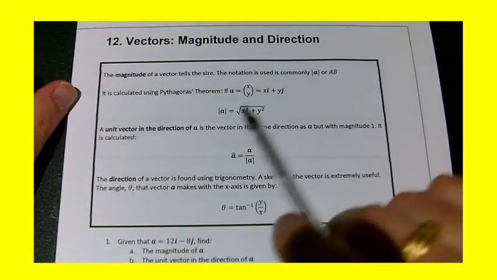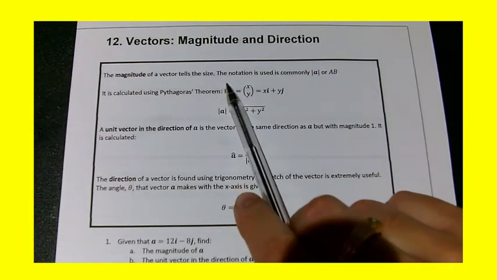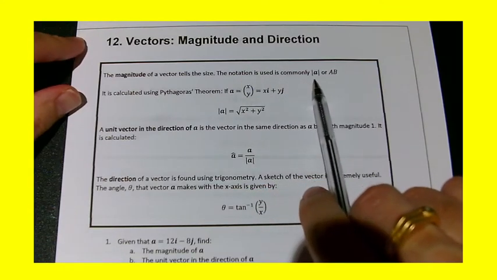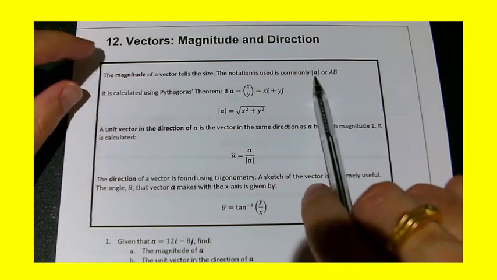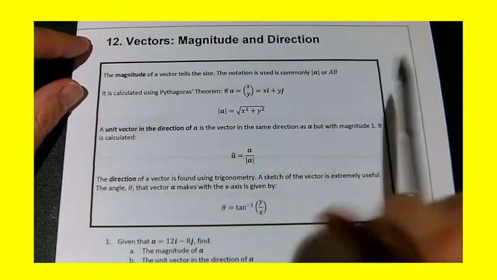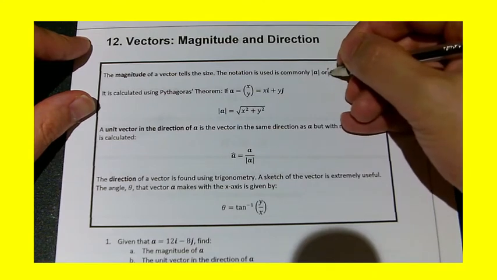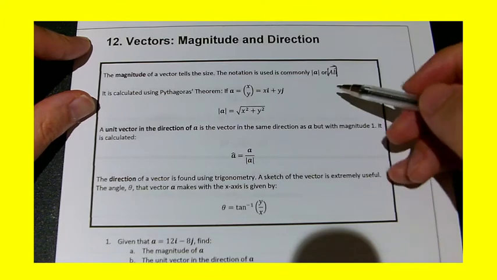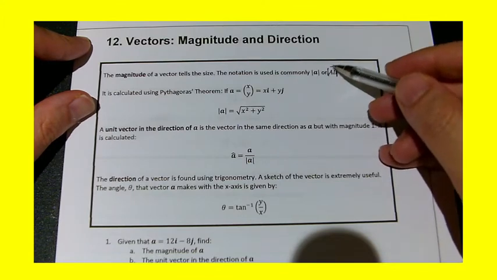So the magnitude of a vector tells the size of the vector. The notation used in A-level maths for magnitude is the vector letter with two lines either side of it, like the vector AB with the arrow and those two lines either side.